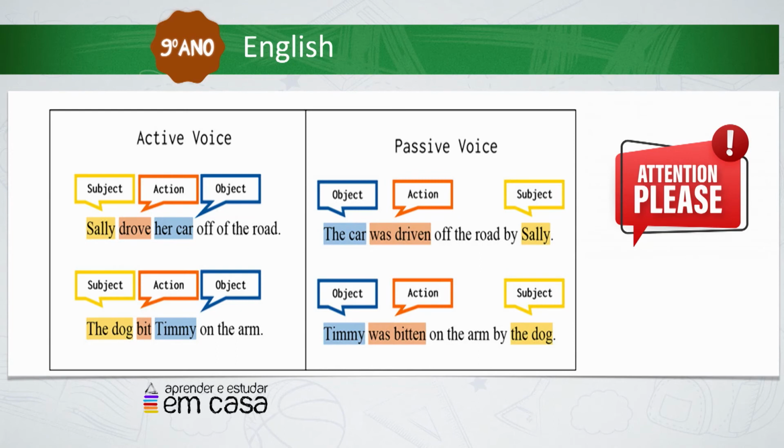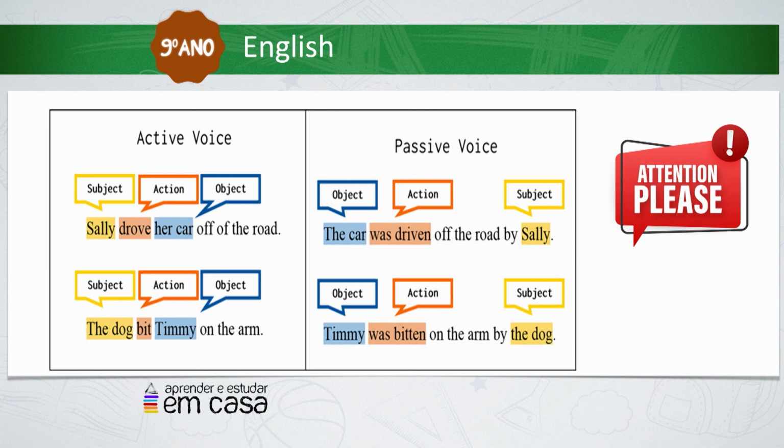Now, here you have some sentences to show you how these sentences change from the active voice to the passive voice. Now, let's take a look at the active voice first. You have Sally, which is the subject. You have drove, which is the action or the verb. And you have her car, which is the object, off the road. Now, when we change this active sentence to the passive, what happens is that the object changes place with the subject.